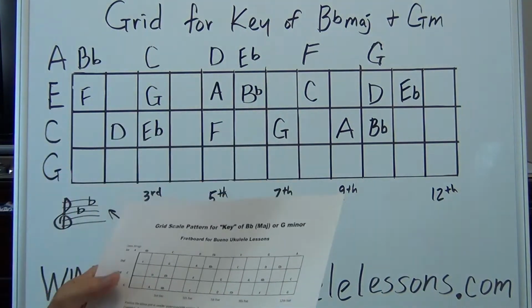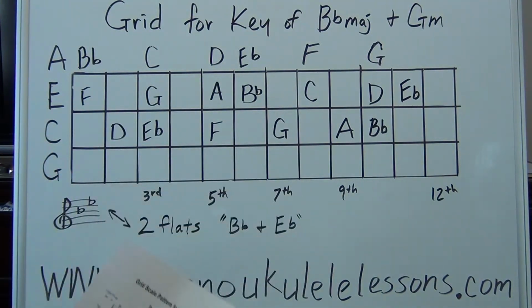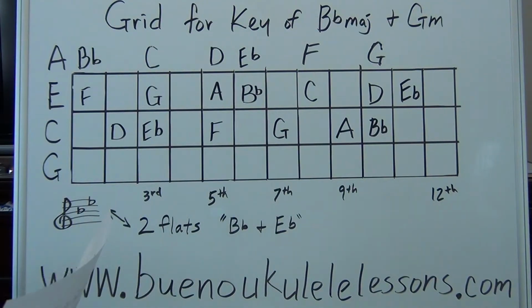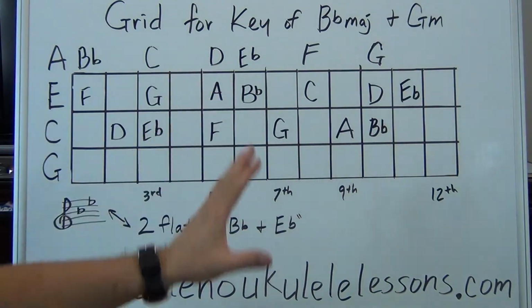For instance, let's say I'm working with the 1, 4, 5, 7 chords. That'd be B flat, E flat, F7. 1 chord B flat, 4 chord E flat, 5, 7 chord F7. I'm working with just those 3 chords, strumming whatever pattern I want, but only playing those 3 chords. I can use all these notes and it will work.